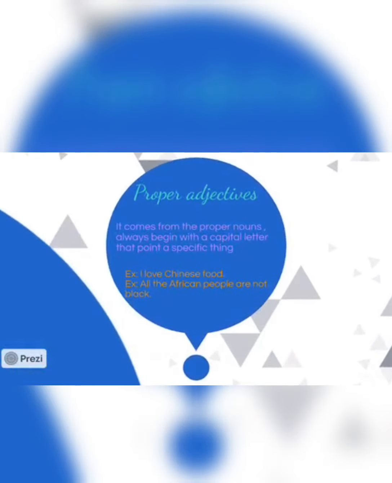Definite adjectives. An adjective that points out a specific and particular noun. He bought 3 chocolates at the supermarket. Proper adjectives. They come from proper nouns, always begin with a capital letter, and point out a specific thing. For example, all the African people are not black.